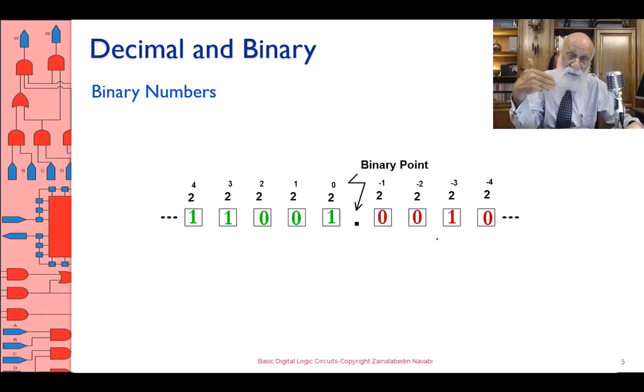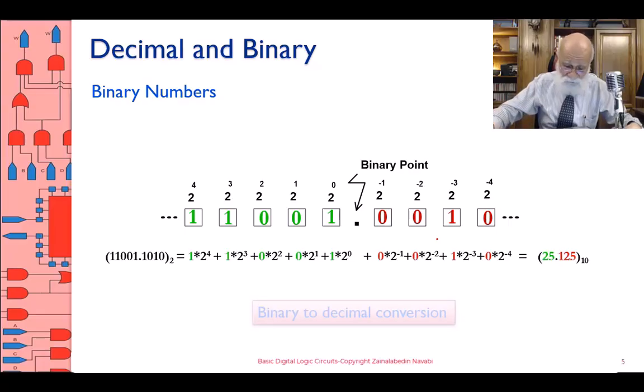To the left of it, I have integer digits, and the weights are 2 to 0, 2 to 1, and then keep going to the left. For the same exact number, there are definitely more binary digits than decimal digits. If you turn a decimal number into an equivalent binary number, you will see that you have far more binary digits.